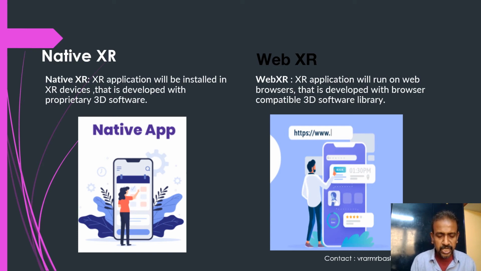Similarly, a native XR app will be installed on the headset or device: VR devices for VR applications, AR glasses or headsets for AR, and MR headsets or glasses for MR. It's a gadget with the OS and necessary hardware in place. On the OS, the applications are installed and run on that particular device. That is the native XR app.